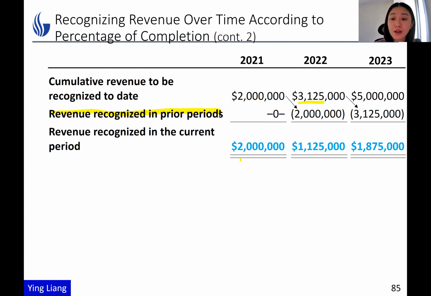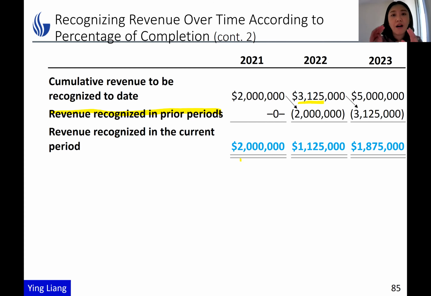And in 2023, we're going to do the same, 5 million minus 3.125. Then we get 1.875. Now, in this example, we just calculate the revenue. It's okay about the cost. We are not asked to get the net income. I'm just asking you to calculate the revenue.